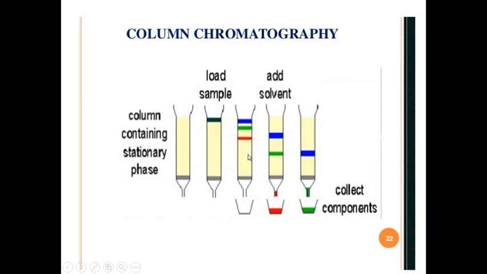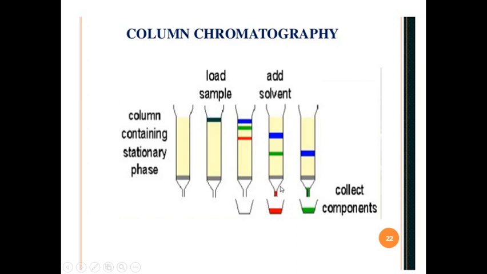Initially the brown molecule comes out. This is the elution process, but we are interested in the blue. This is not our target molecule, which we are not interested in separating from this mixture. So this type of elution is known as non-specific elution.